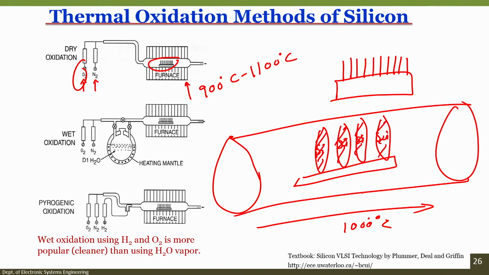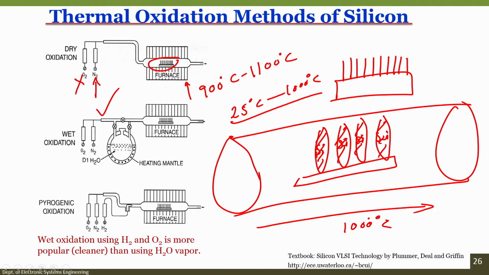So, what is the role of nitrogen? Initially, when you are heating up the furnace from room temperature, let us say 25 degrees centigrade, to 1000 degrees centigrade, you need to make sure that there is no silicon dioxide growing on the silicon wafer, and that is why we will close the oxygen supply and only have nitrogen gas into the furnace.